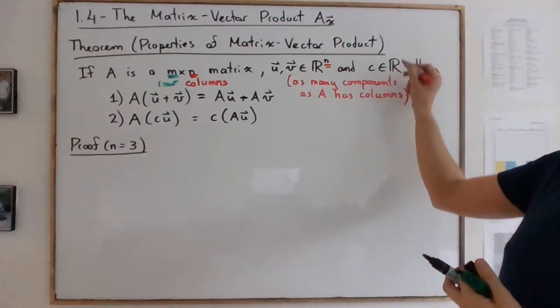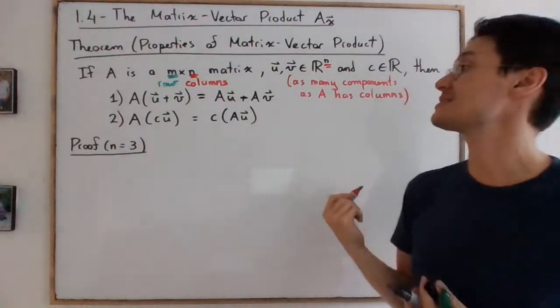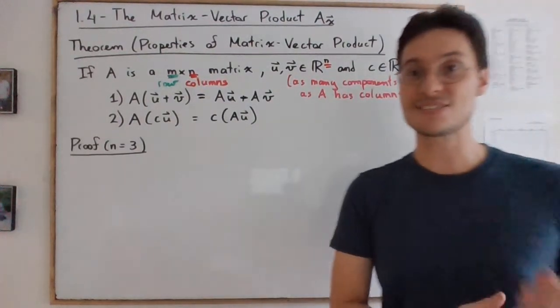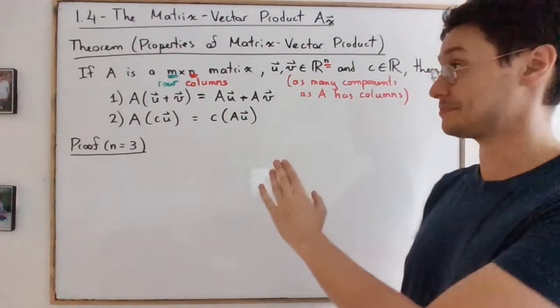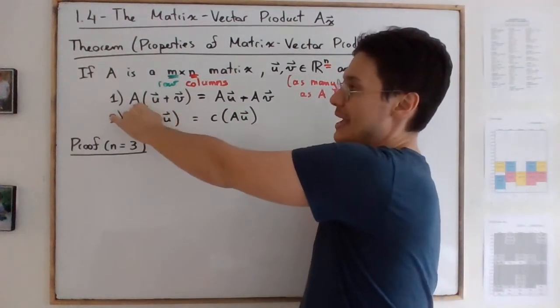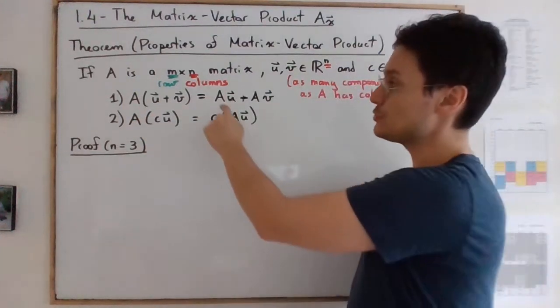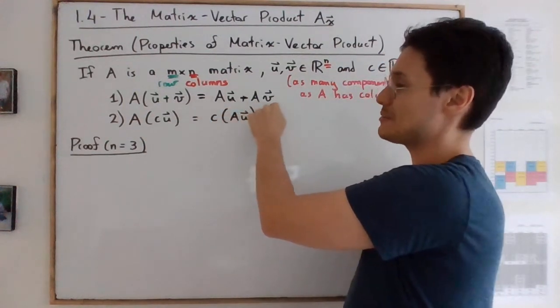And c is a real number, so a scalar. Then in this case, the matrix vector product satisfies these two properties. A times a sum of vectors, u plus v, you can do A times u plus A times v.